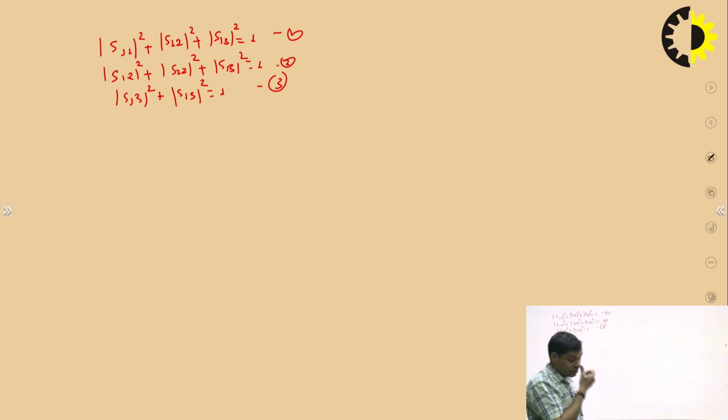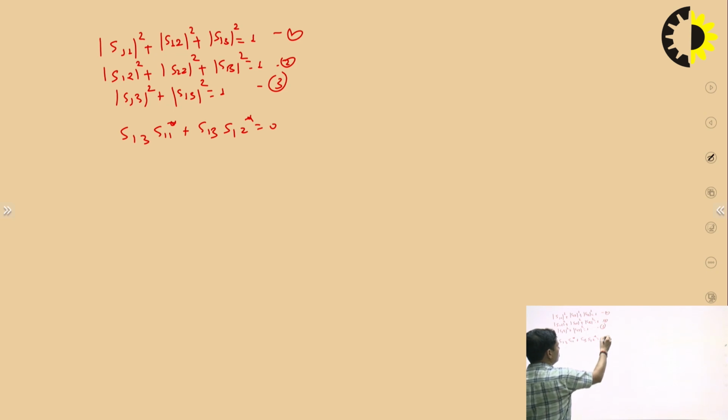Okay, so these three equations we can get. Also we can get here R3C1: S13 S11 conjugate plus S13 S12 conjugate is equal to 0.